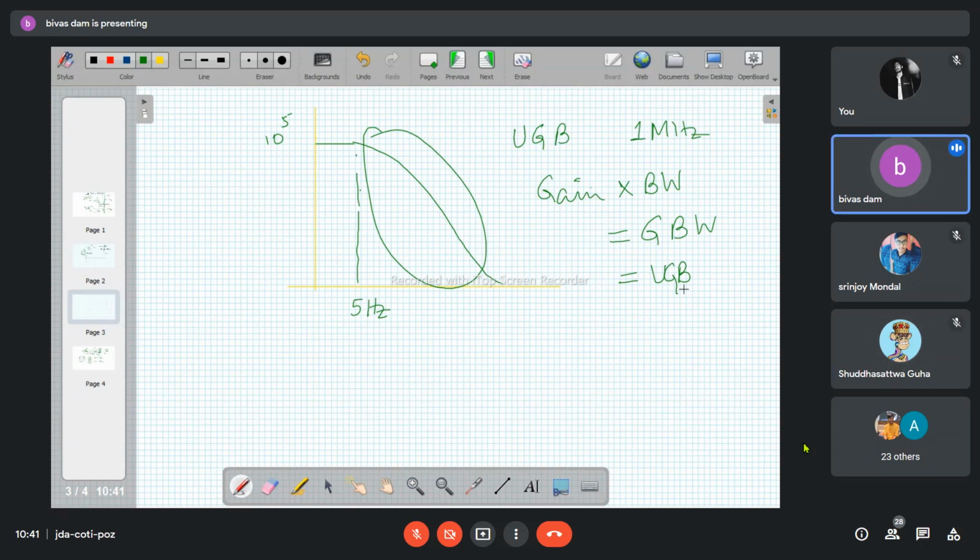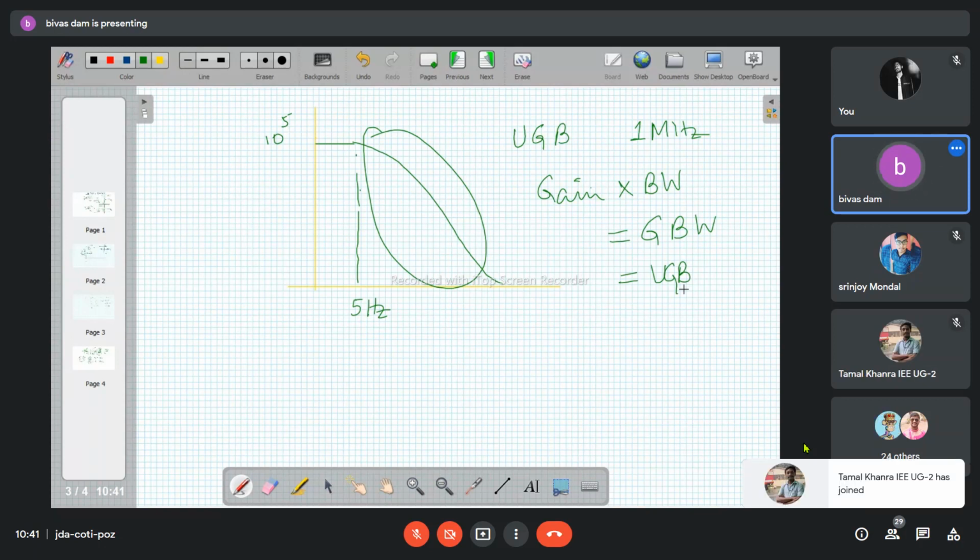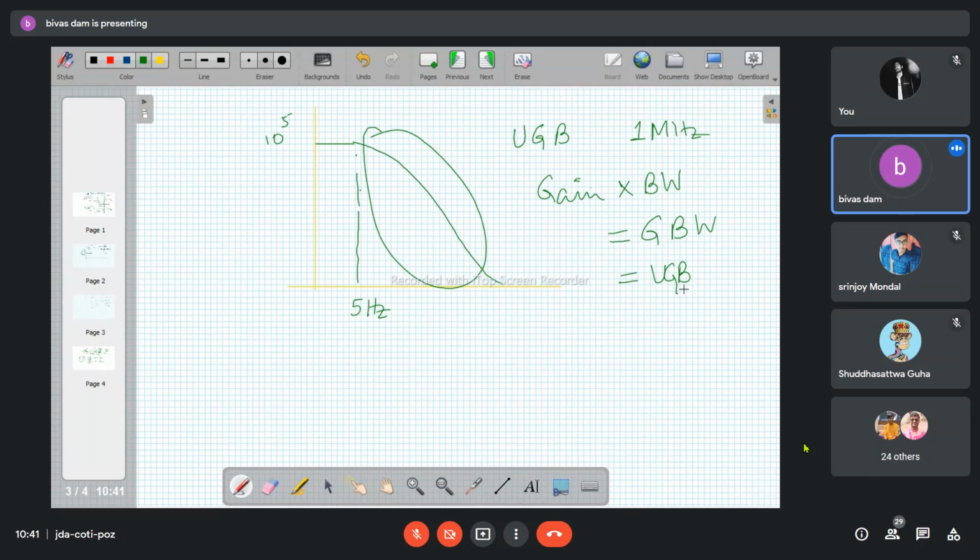So if the operating frequency is 1 kilohertz, then what will be the gain? 1000. Okay, 1000 also to some extent we can assume to be quite large. In electronic designs, there is a rule of thumb that anything multiplied by 10 is assumed to be quite large corresponding to the other quantity.